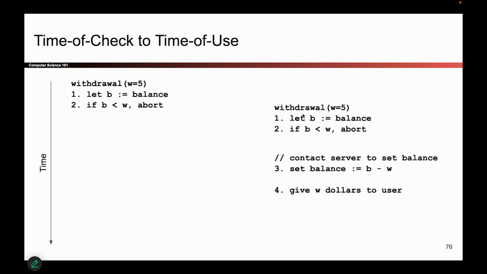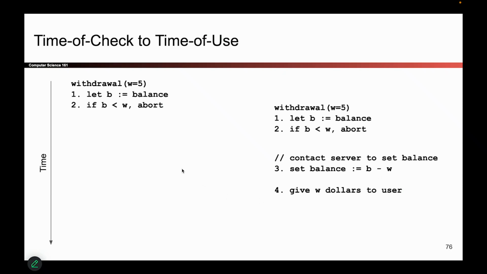So here I am on the second machine. The first machine is still running. I run over to the second machine, I hit the button, and the code runs again. And I check, how much money does the user have? It's still 5, because this code hasn't finished running yet. Well, the user has $5. Can they withdraw 5? Yes. So what am I going to do? I'll go to the bank, I'll set the balance to 0, and I'll give the user $5.